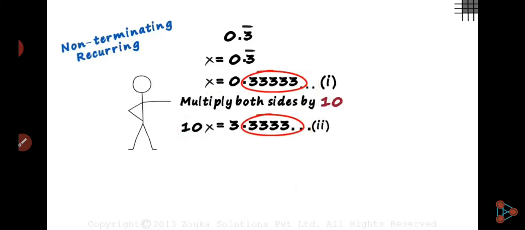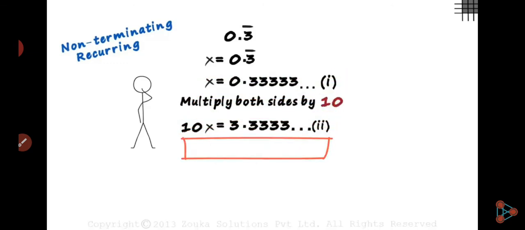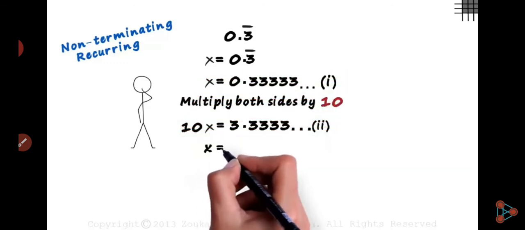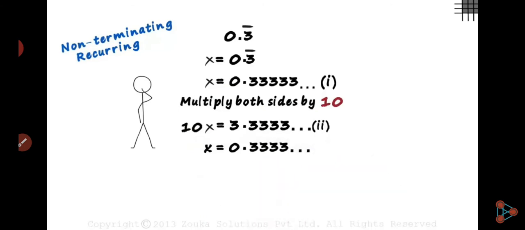So x is equal to 0.3333, you know that. If we subtract both the equations, we get 9x is equal to 3.